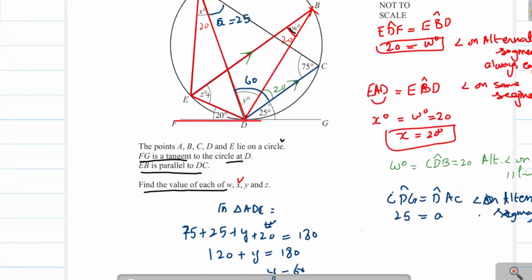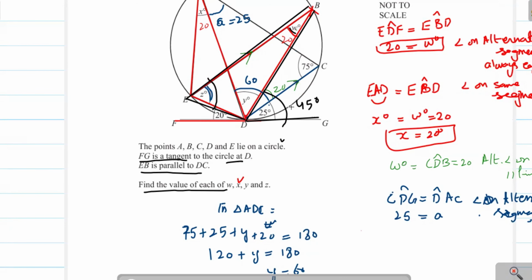Now we have to find this angle Z. If we take this chord and the tangent, the tangent and chord make an angle equal to 45 degrees, and the alternate segment against this chord has the angle BED.